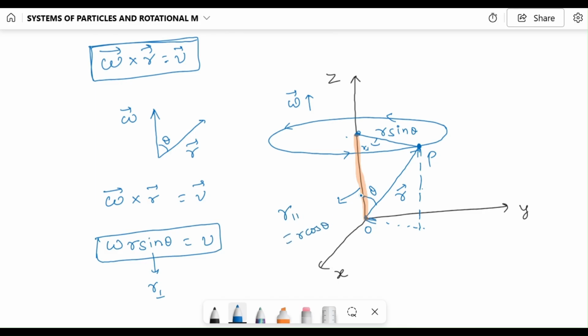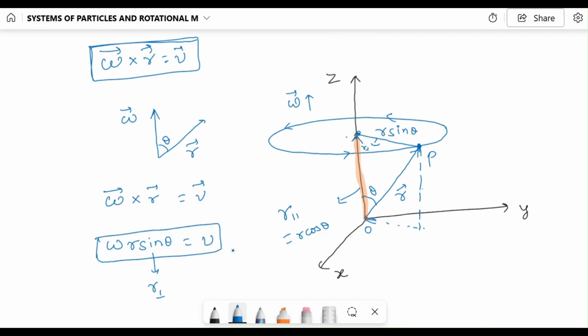If we take the horizontal component of the position vector, it faces along the angular velocity vector, so the angle between these two is 0. Ultimately omega cross this component gives us 0.